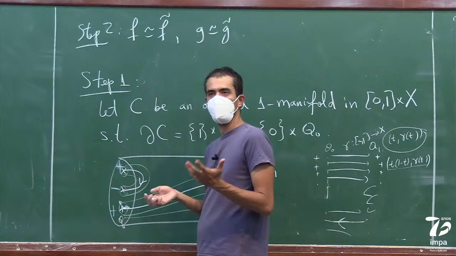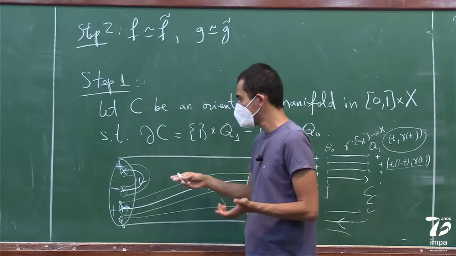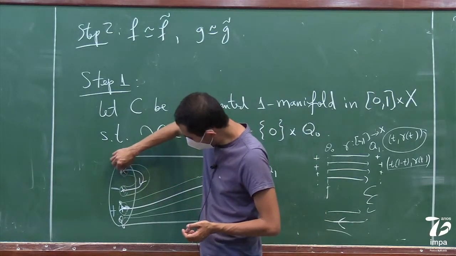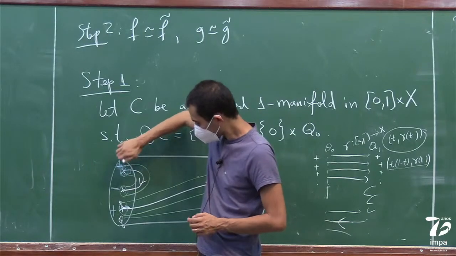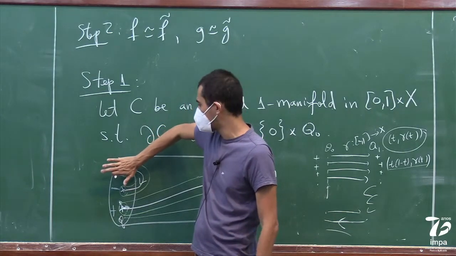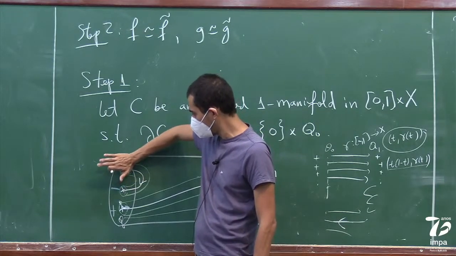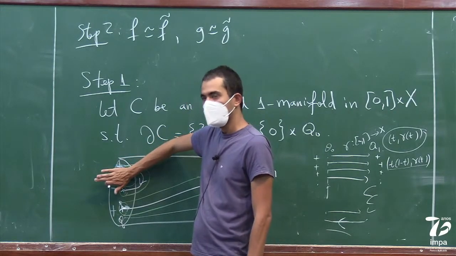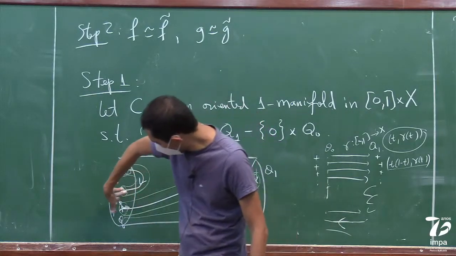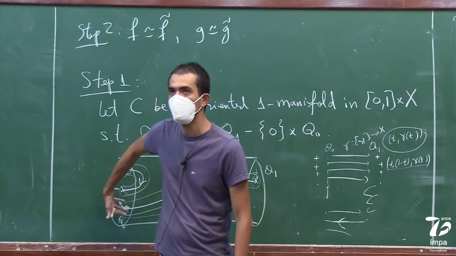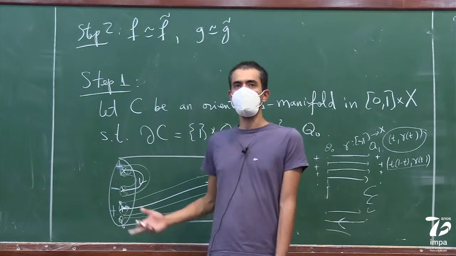This is a topology exercise, to see that when you look at the normal space and identify it with the tangent space, going along this curve the normal space identifies with the tangent space here, but with the opposite orientation. So that's why this works too.